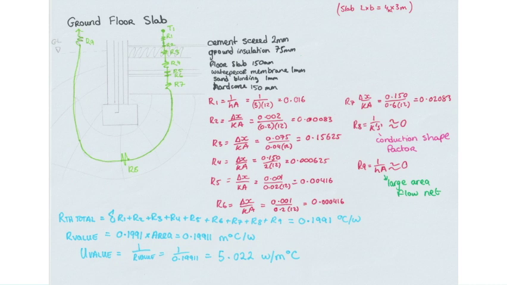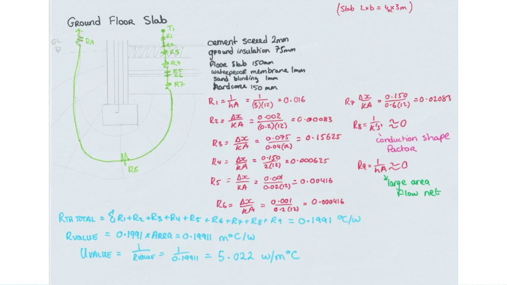The R9 value is convection through the air. The area here is also quite large, so it is assumed to be nearly equal to 0. So by adding all these resistance values together, we can get our R_TH total. From that we can get our R value, and the area here is 1 meter squared.